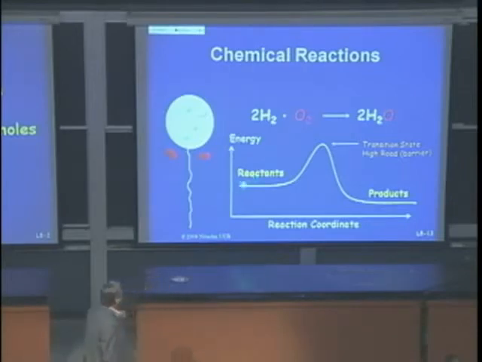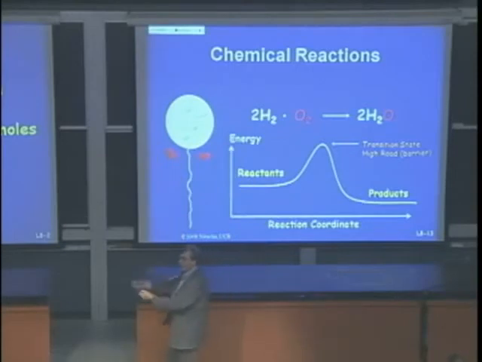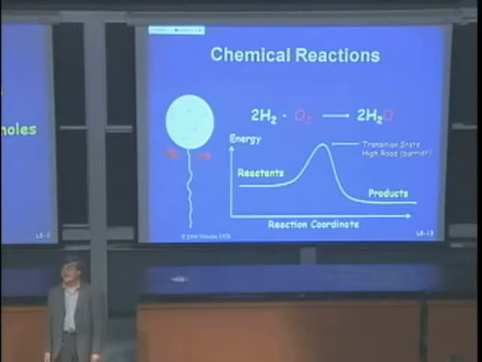So are the products in a lower energy state than the reactants? Yes, 0 would be here. The reactants have a higher energy state than the products. You've heard it all, you've seen it. The energy was released. Hydrogen and oxygen formed water and gave off energy, okay? So is that an exothermic or endothermic reaction? Exothermic reaction.